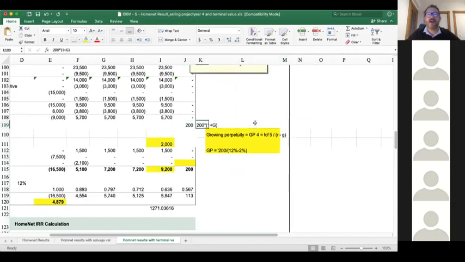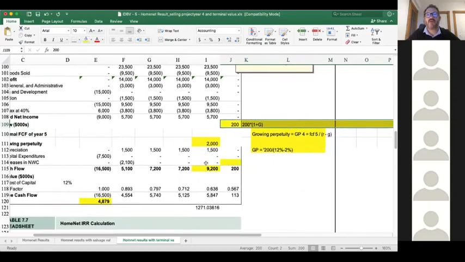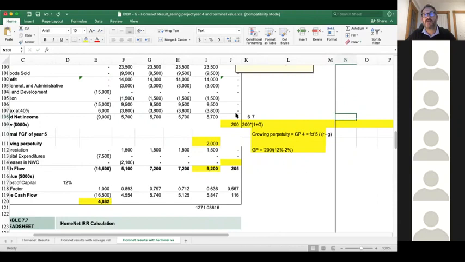All those cash flows from year 5 to infinity, we would like to take into account. To do so, we calculate a growing perpetuity. The growing perpetuity takes into account 200 from year 5, 6, 7, and so on, till infinity.